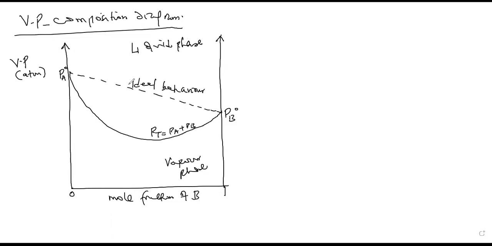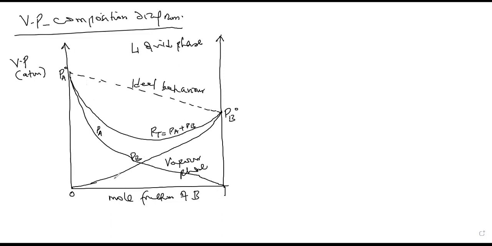Simply, that is what we need to know about the vapor pressure composition diagram. It means that this one can be the vapor pressure of B, so this can be PB, and then we can as well have PA.